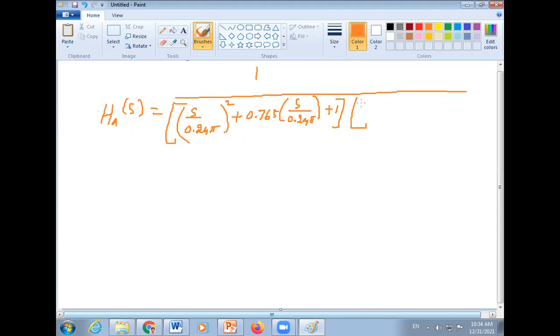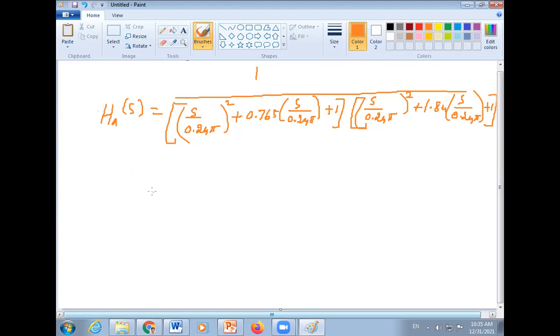Again we'll do the same thing: S divided by 0.245 squared, plus 1.84 into S divided by 0.245, plus 1.